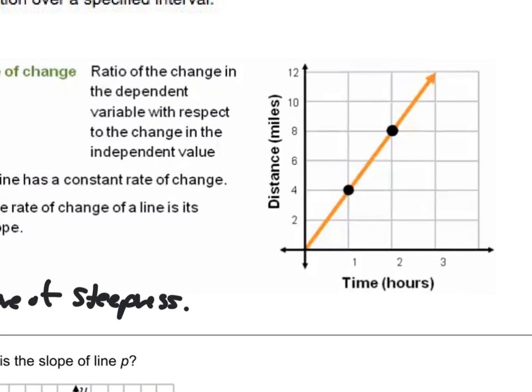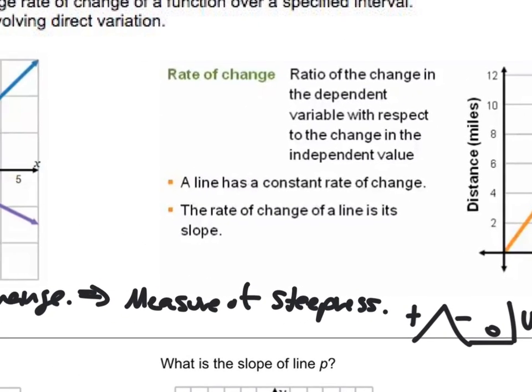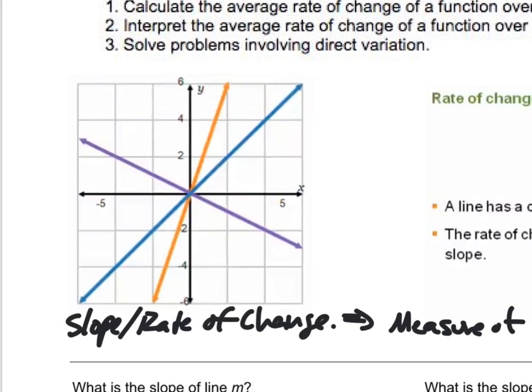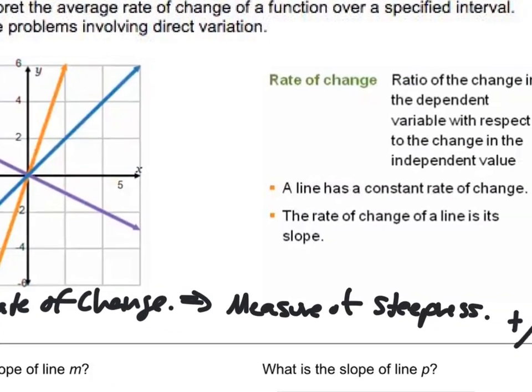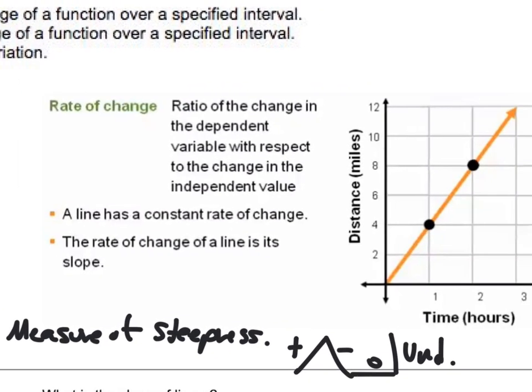Usually you can either have a positive slope that goes like that, a negative slope that goes like that, a slope that has zero slope, or an undefined slope that goes like that. Here's just an example of different slopes. This is a slope of 1, this is a slope of about negative 1/2, and this is a slope of about, I think, 3 or 6 over 2. Something like that.